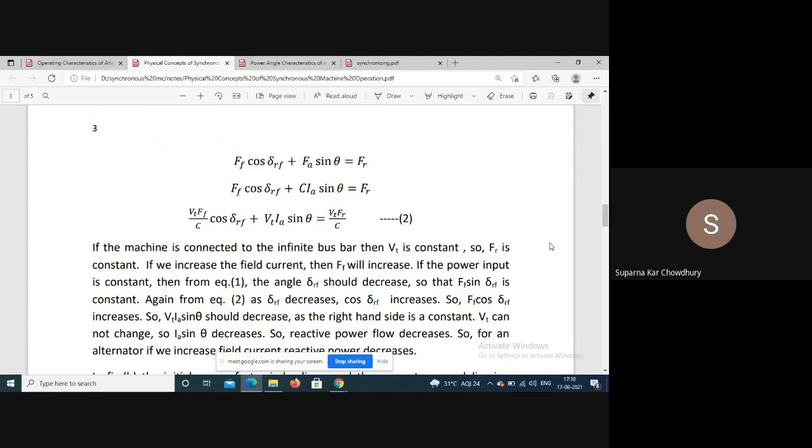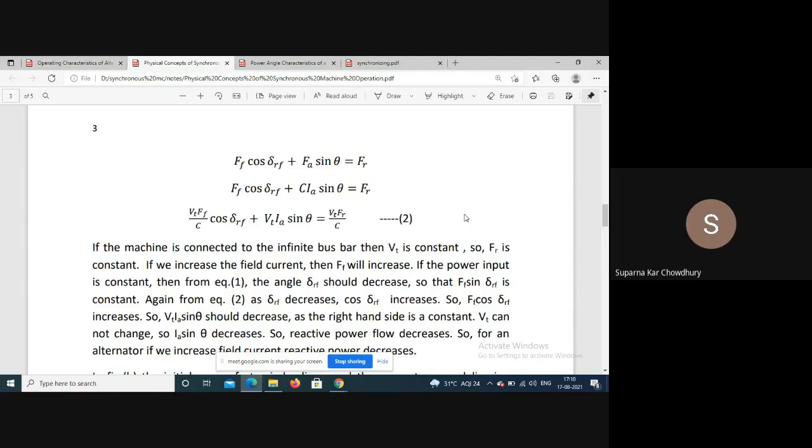It does not depend on the power factor of the load connected to it. This is also true from the previous consideration, that for a generator, we have seen that a lagging power factor current has a demagnetizing effect.